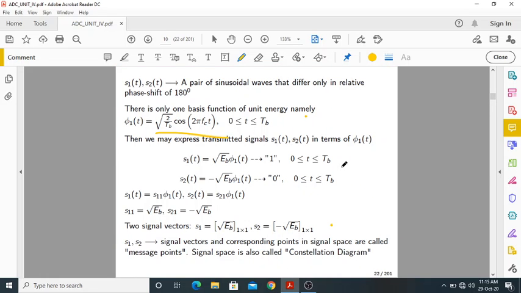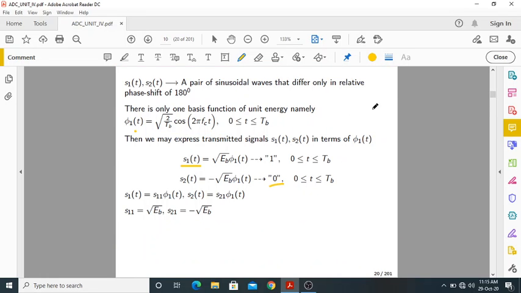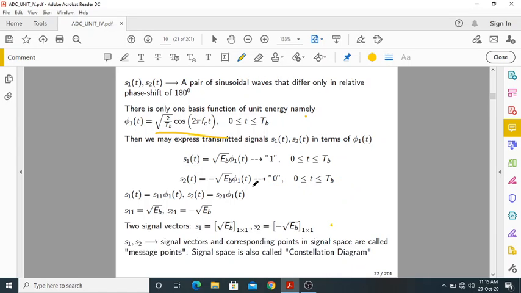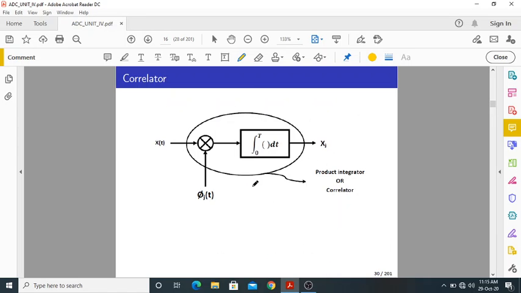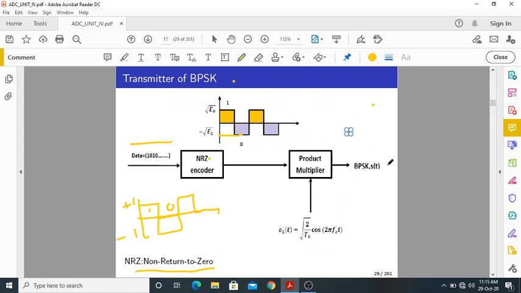Just now I showed you how these two are generated. When you transmit symbol 1, you need to generate root EB into phi 1 of t. When you transmit bit 0, you need to generate minus root EB phi 1 of t. You just observe carefully.